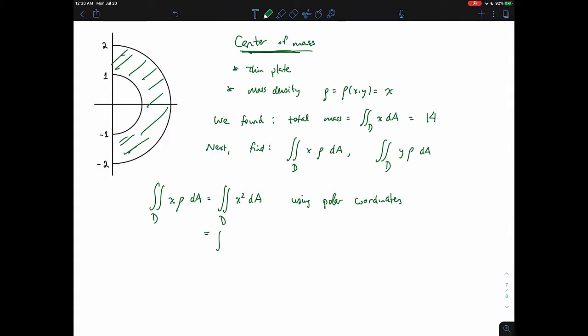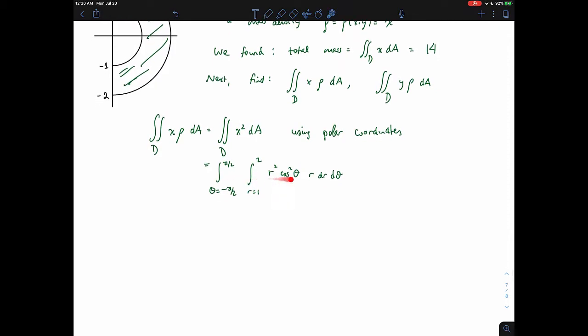We saw that in this case, in polar coordinates, theta goes from minus pi over 2 to pi over 2. R goes from 1 to 2. Our function that we're integrating, x squared, well, x is r times cosine theta, so this is r squared times cosine squared theta, and dA is r dr d theta.